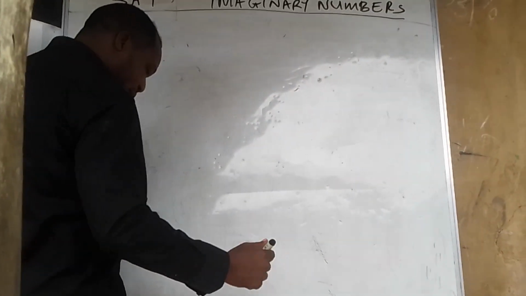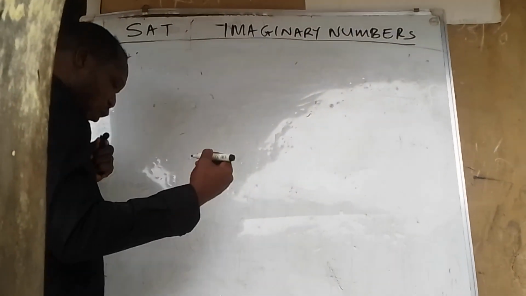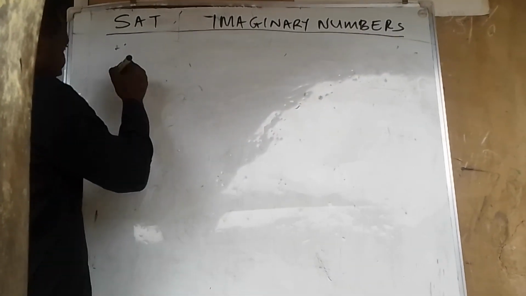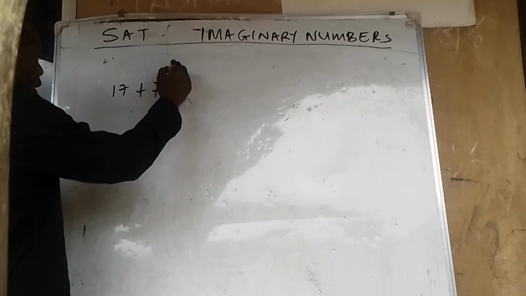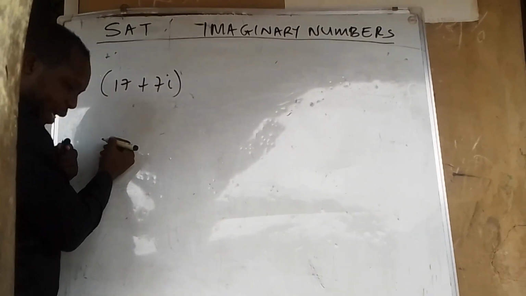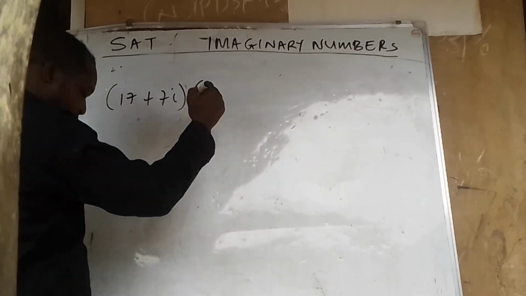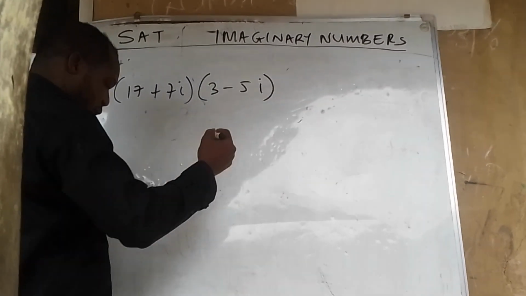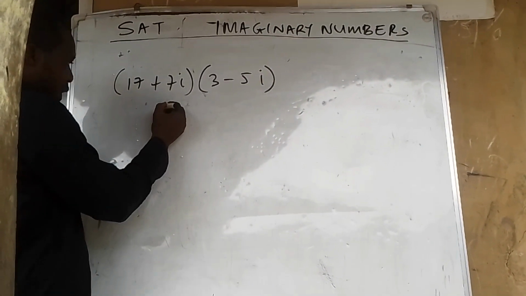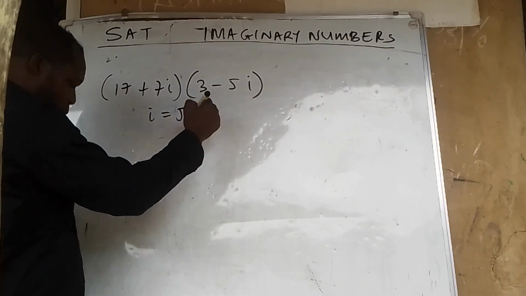The question says, which of the following is equivalent to (17 plus 7i) times (3 minus 5i)? And again, we are told that i is equal to root minus 1.